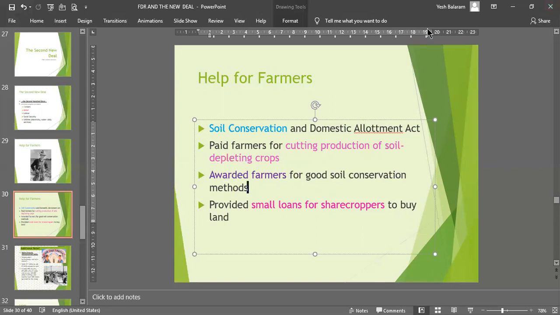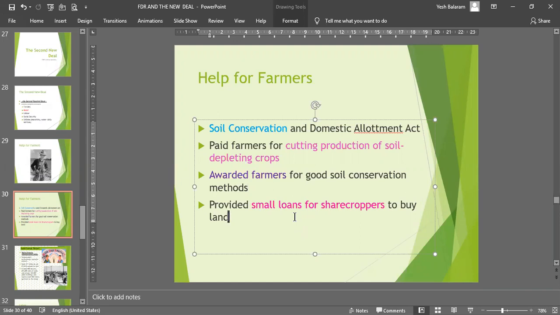Now, who were sharecroppers? You may remember this from grade 10 history when we did the Land Act. Sharecroppers are those people who do not pay the landowners rental in the form of money. They pay in the form of their crops.